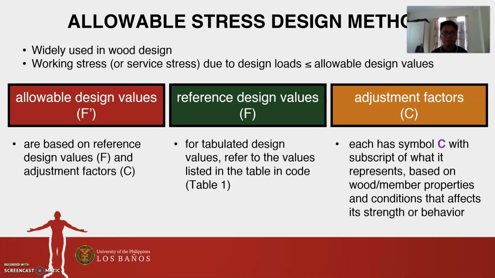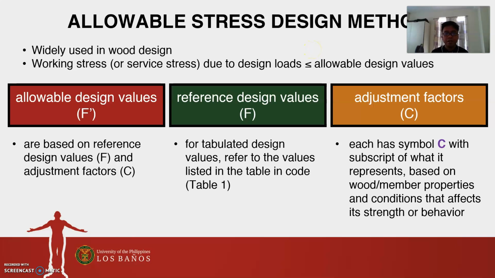So we have here F prime, the allowable design value, the reference design values F, and then the adjustment factor C. The F prime is based on the reference design values and adjustment factors. So this part of the equation is covered by F prime.